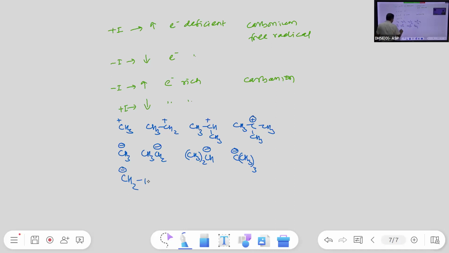Also write down the stability order of the others. So these are the 3 questions. You have to arrange the stability order of these species. Quick, take 2 minutes.